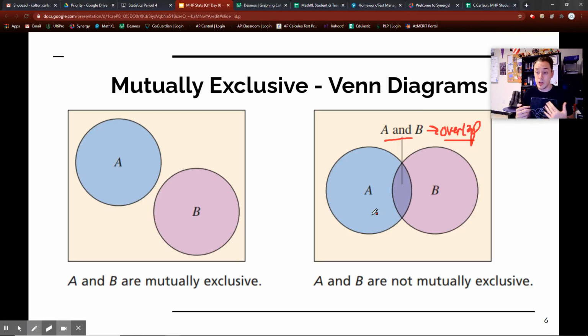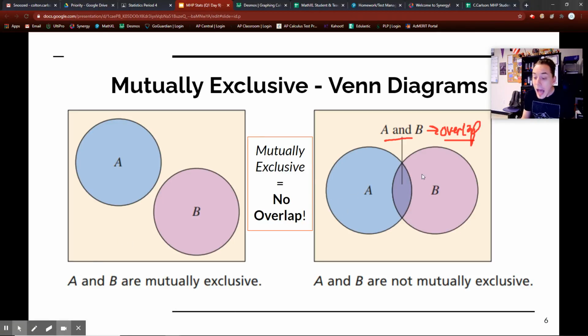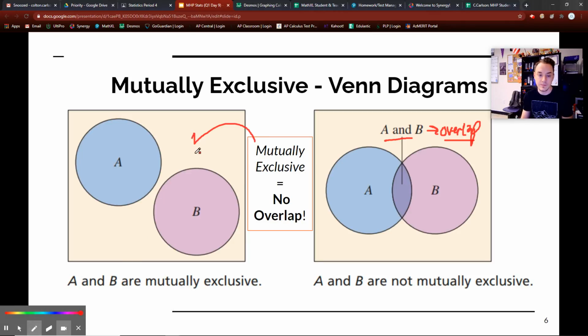These are what we call non-mutually exclusive events. Non-mutually exclusive events have an overlap, but if you are mutually exclusive events, that means you don't have any overlap at all, and that's what you see right here. So if you are mutually exclusive, you don't have any overlap, right? So think of it like that.